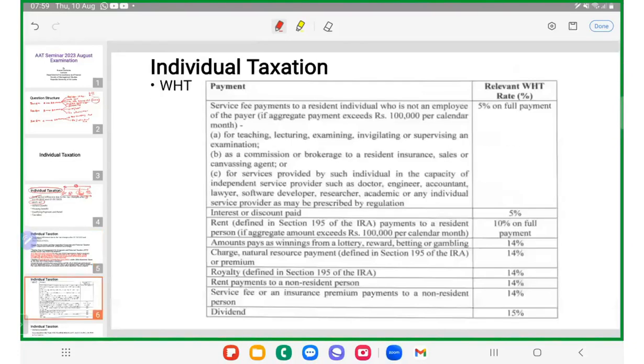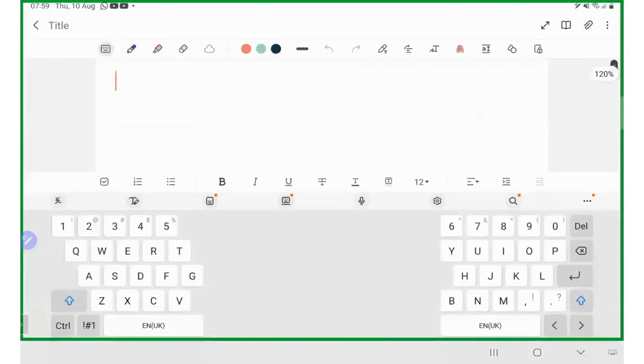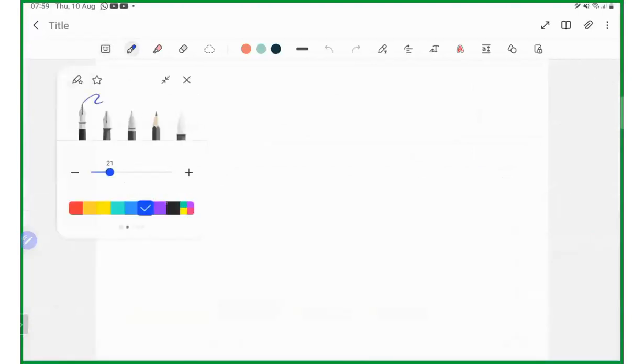Here in individual taxation, you can see these are the withholding taxes applicable for investment income and other income. Don't worry, even though I have mentioned so many withholding taxes here, you can just get an idea about this. I will write it down in summary form.